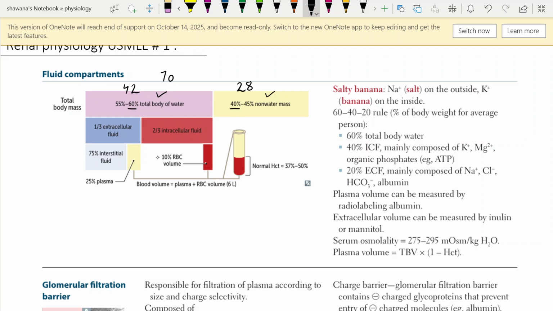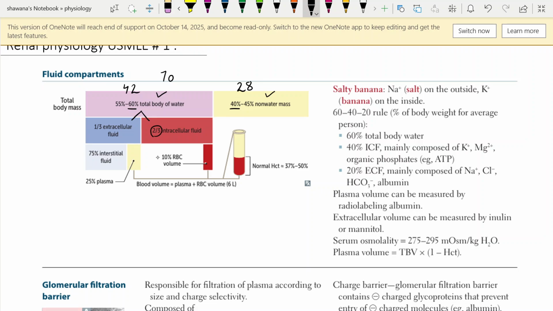So after that, regarding the total body water, two compartments originate from it: the intracellular fluid and the extracellular fluid. The intracellular fluid has two-thirds of that body mass. The two-thirds of the total body water is intracellular fluid.